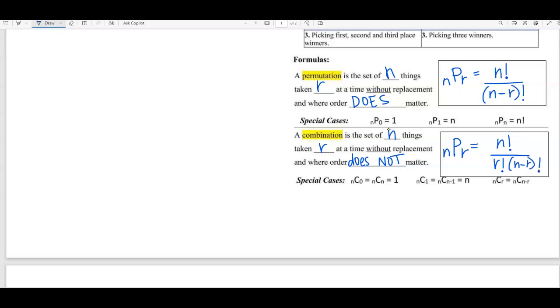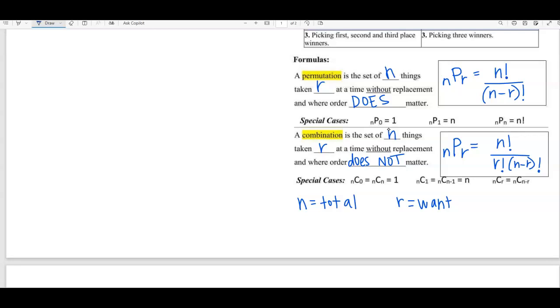Okay, and what is the difference between n and r? N is the total. Let's just write that down. N equals the total, and r is the number that I want. So what I'm looking for. And then here's another set of special cases for combinations.